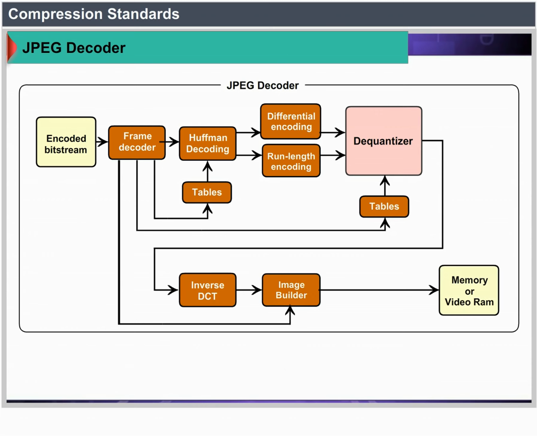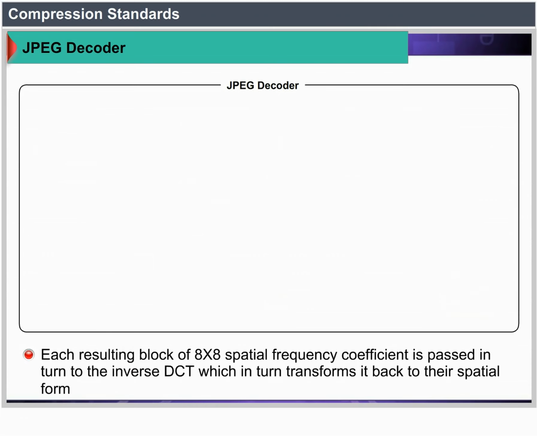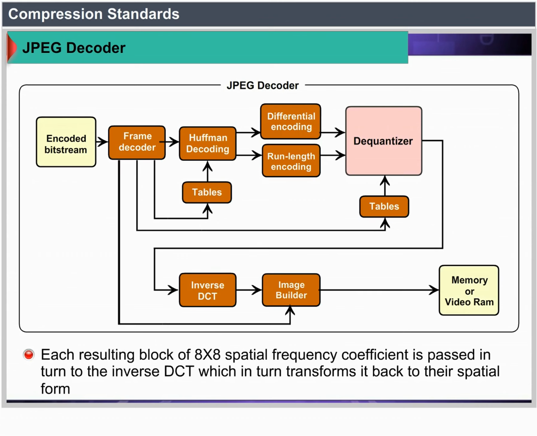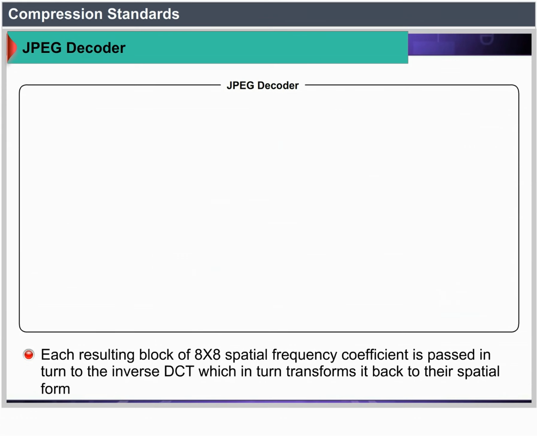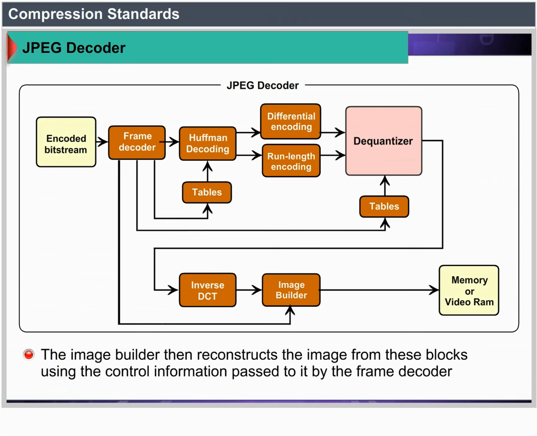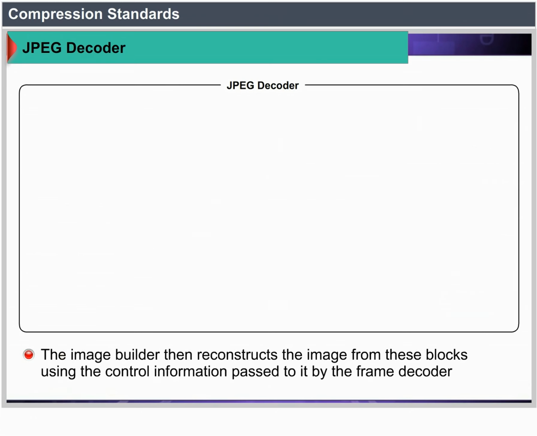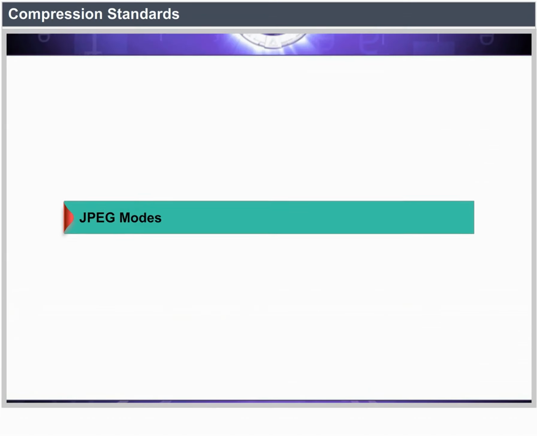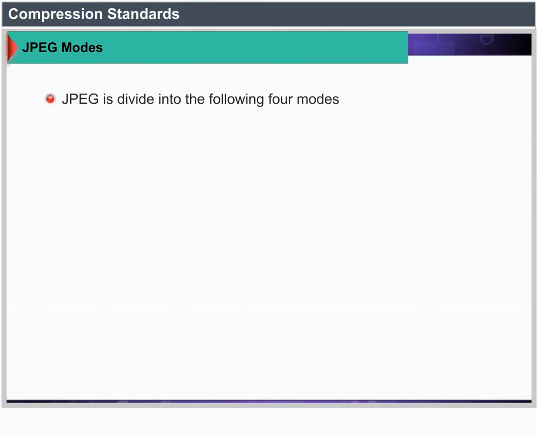Each resulting block of 8 by 8 spatial frequency coefficients is passed in turn to the inverse DCT, which in turn transforms it back to the spatial form. The image builder then reconstructs the image from these blocks using the control information passed to it by the frame decoder.